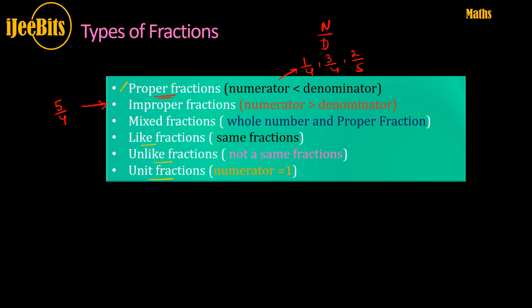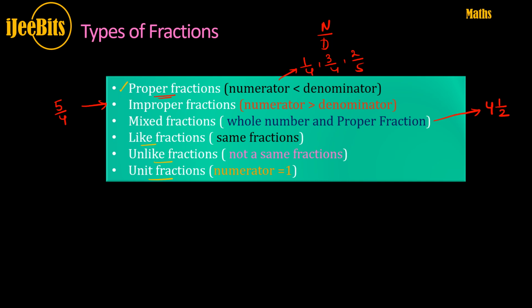Whereas a mixed fraction has a whole number and also a proper fraction. Let's say 4 1 by 2. When you see something like this, it is called a mixed fraction: a whole number and a proper fraction. Proper means the numerator is less than the denominator.